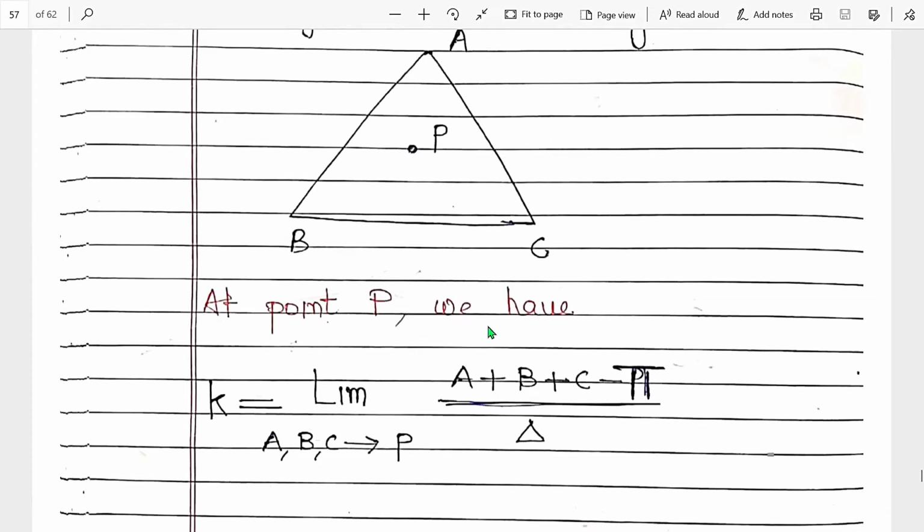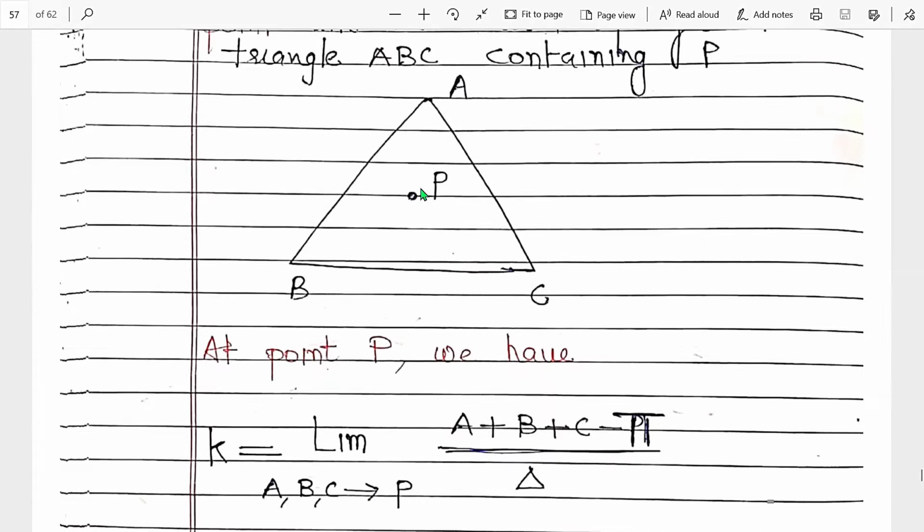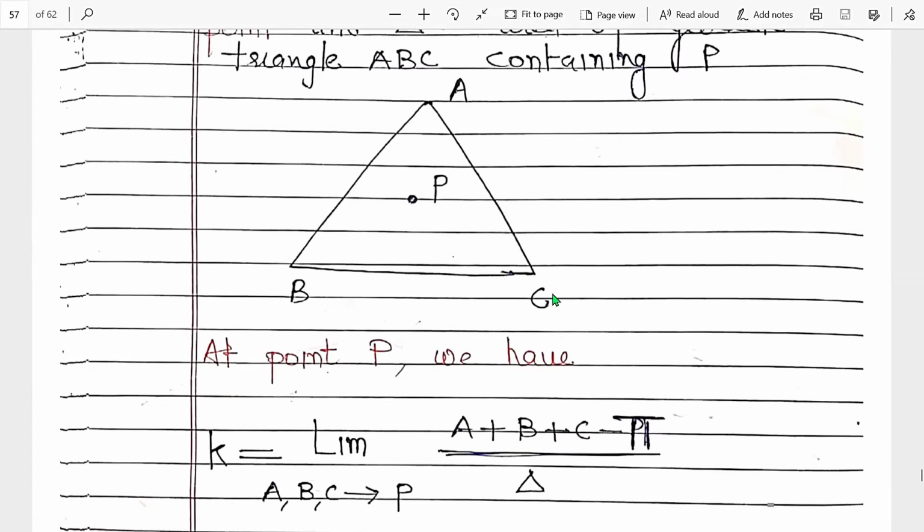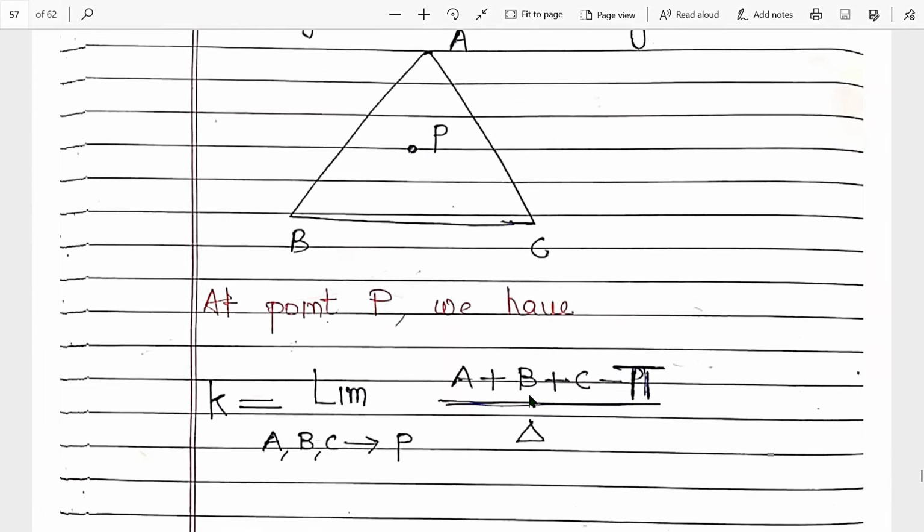At point P, we take the limit as A, B, C approach P. And this limit of A plus B plus C minus pi over the area of the triangle is called K.